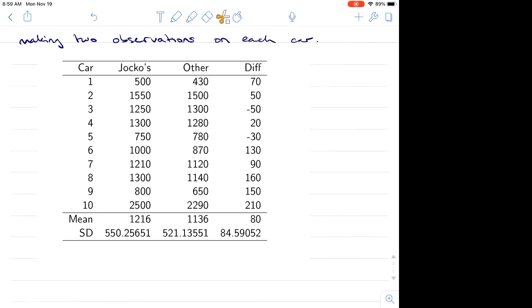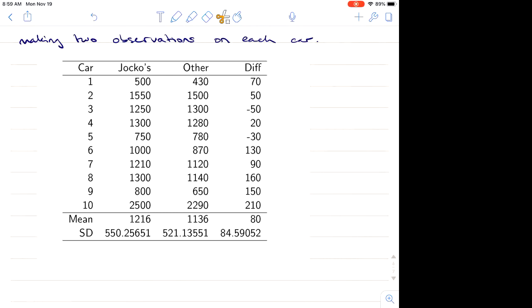And so notice that we can't just subtract across, because this throws people for a loop sometimes. If you do 1216 minus 1136, that is 80. But if you do 550, I'll skip the decimals, minus 521, that's 29 and not 84.59.